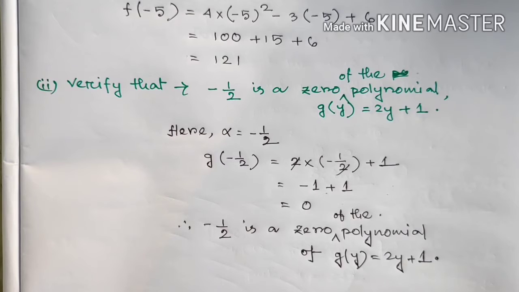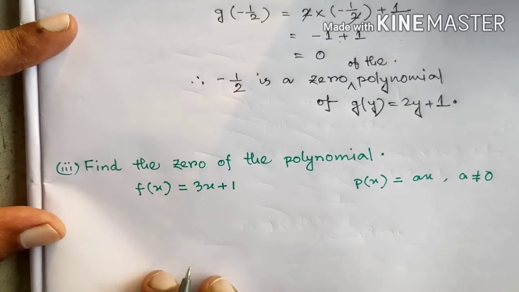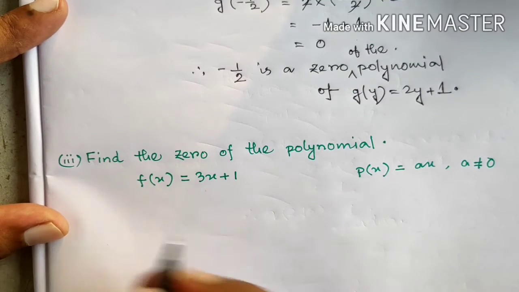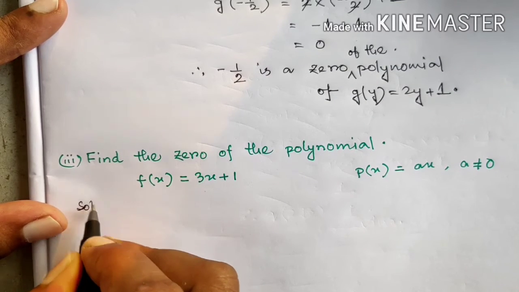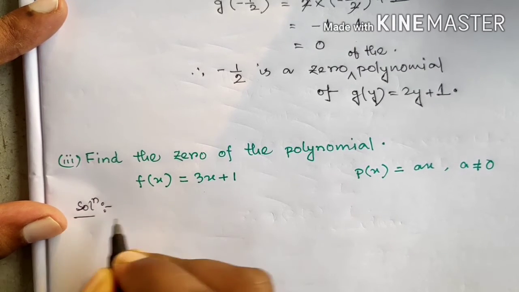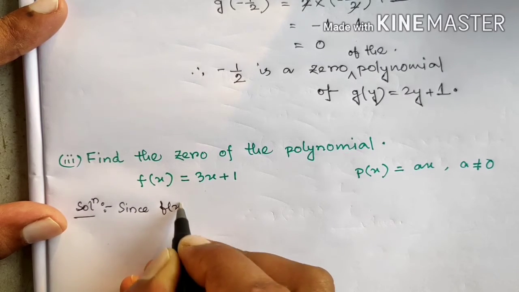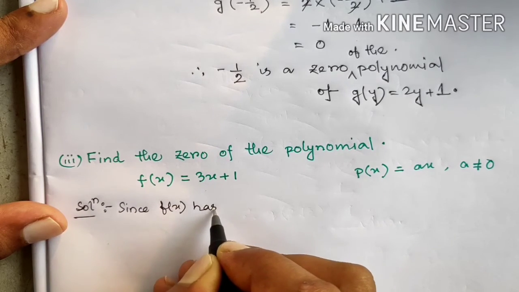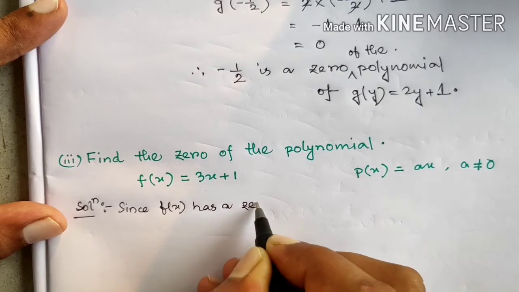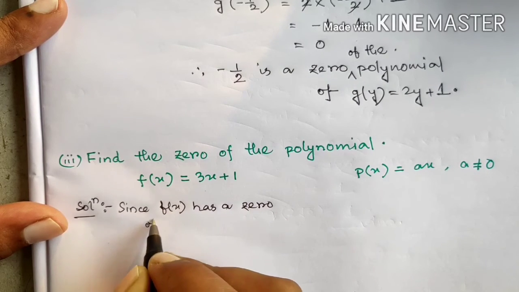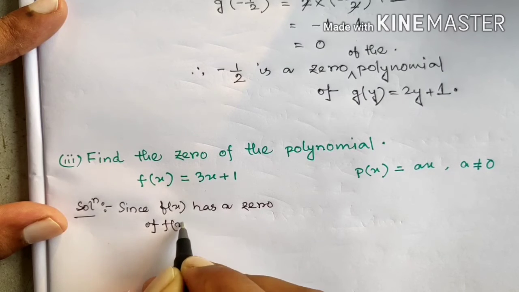Next, find the 0 of the polynomial f of x equal to 3x plus 1 and p of x equal to ax where a not equal to 0. For the first, since f of x has a 0, f of x must be 0.